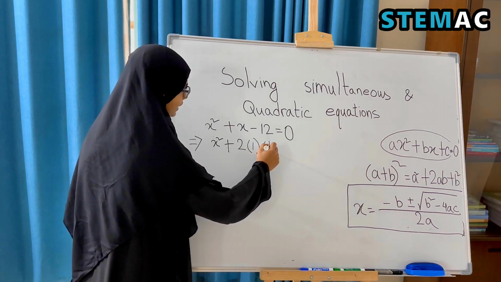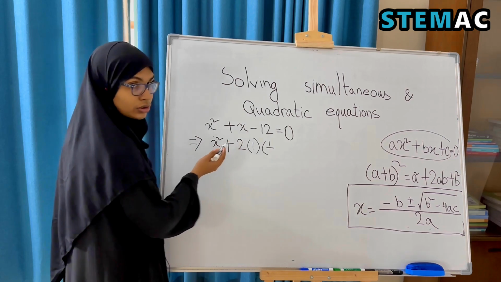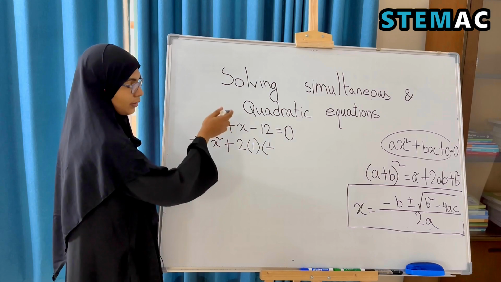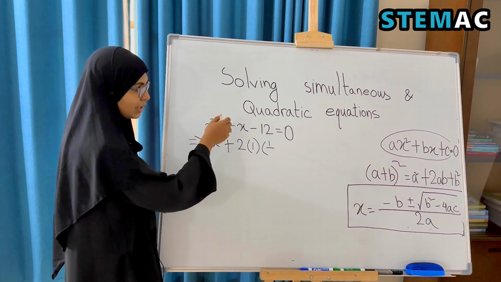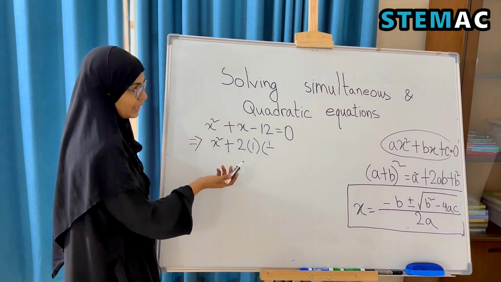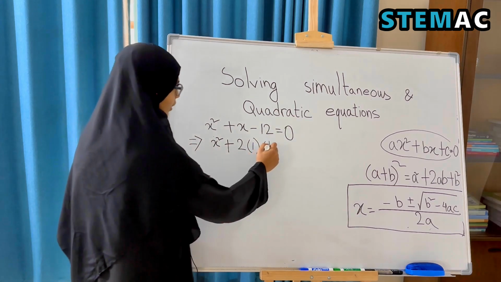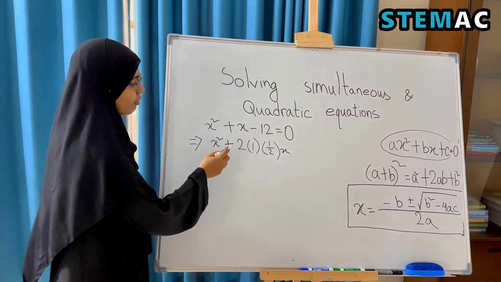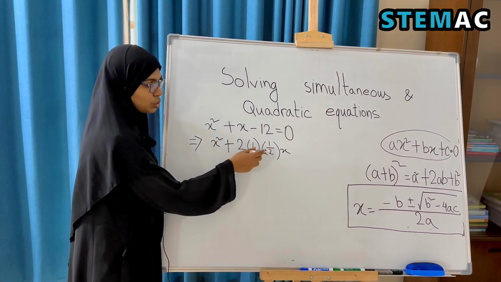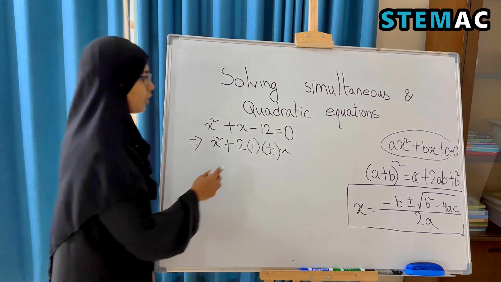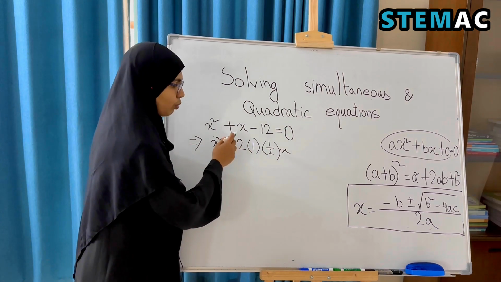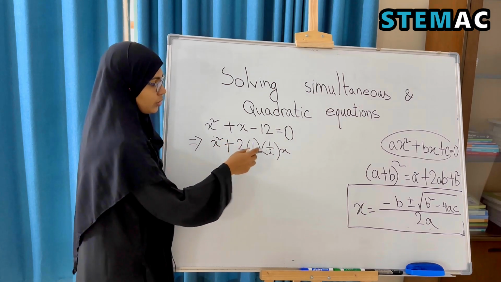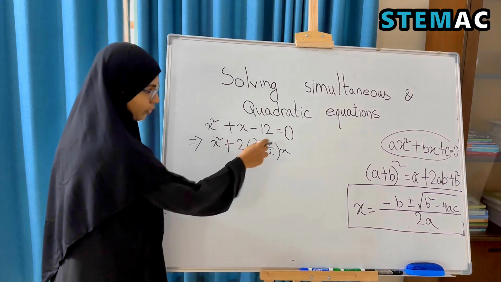What I mean is that when we solve equations, we have to look at the line before to see if we have made any mistakes. Like I've written here, instead of x, 2 into 1 into 1 by 2. So that makes 1. So that's not changing my equation.